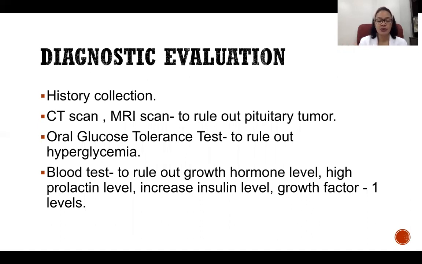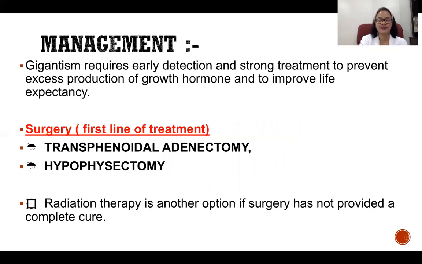You can also do an OGTT and of course blood tests to determine the levels of growth hormone, even high prolactin level, increased insulin level, or the insulin-like growth factor 1 levels.